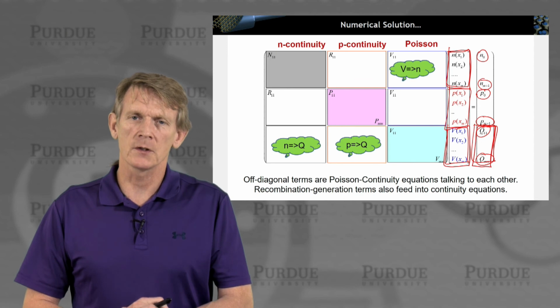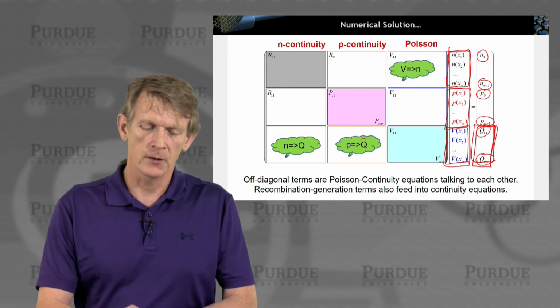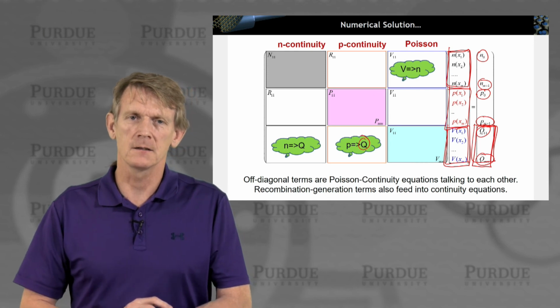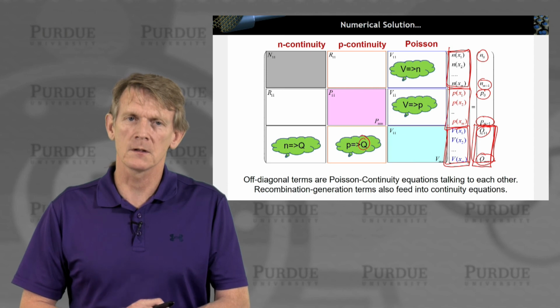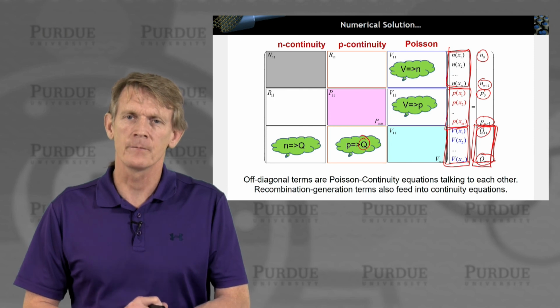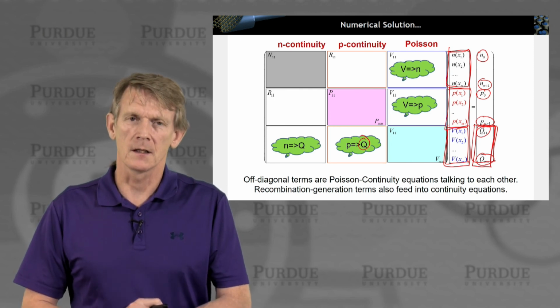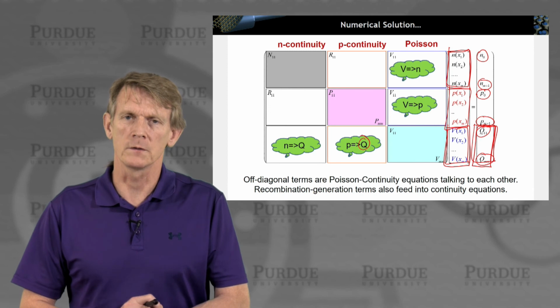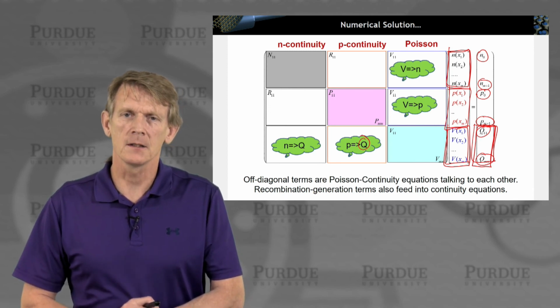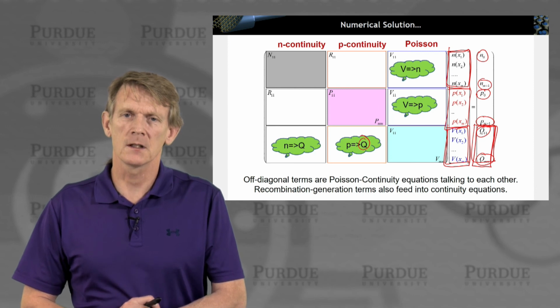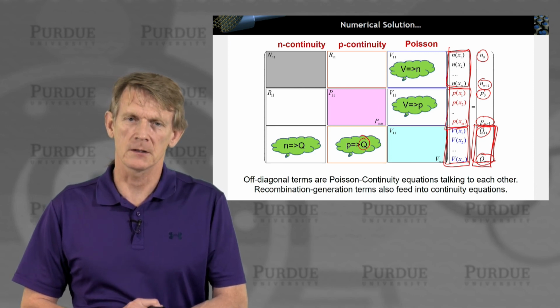The same is true for the holes, where the holes out of the continuity expression influence the overall charge in the Poisson expression. And similarly, the Poisson potential influences via the continuity expressions the holes in the continuity for the holes. All right, so the cross terms couple the Poisson expression to the continuity expressions.